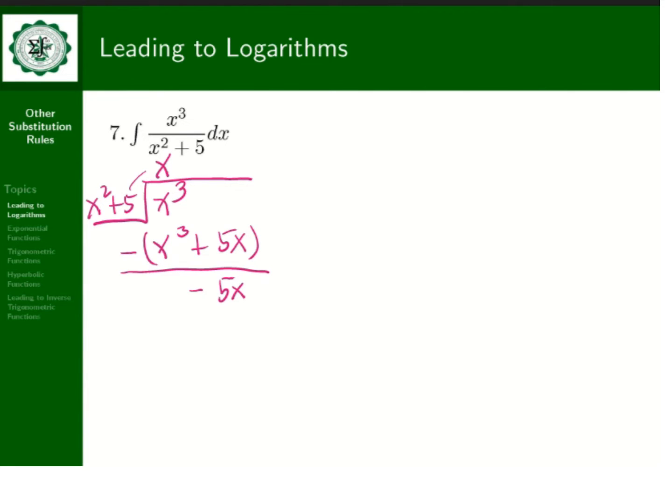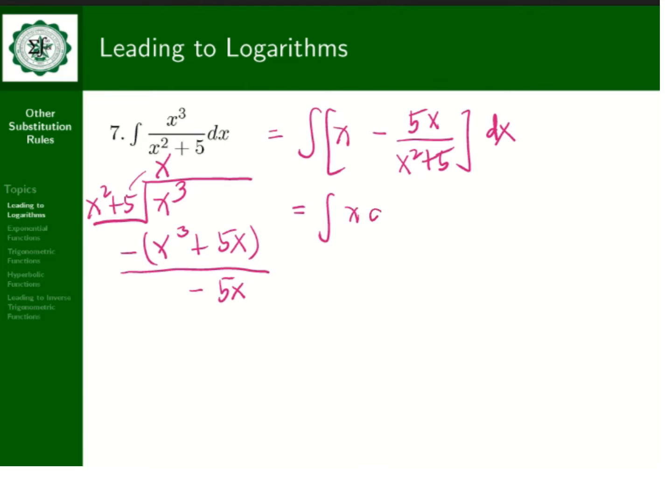So in short, we can now rewrite our given. Instead of writing x cubed over x squared plus 5, we will write this as the quotient x plus the remainder 5x. However, since this is negative, we're going to write this as minus 5x over x squared plus 5, and then we have dx. Now, to solve this, we are going to separate the terms.